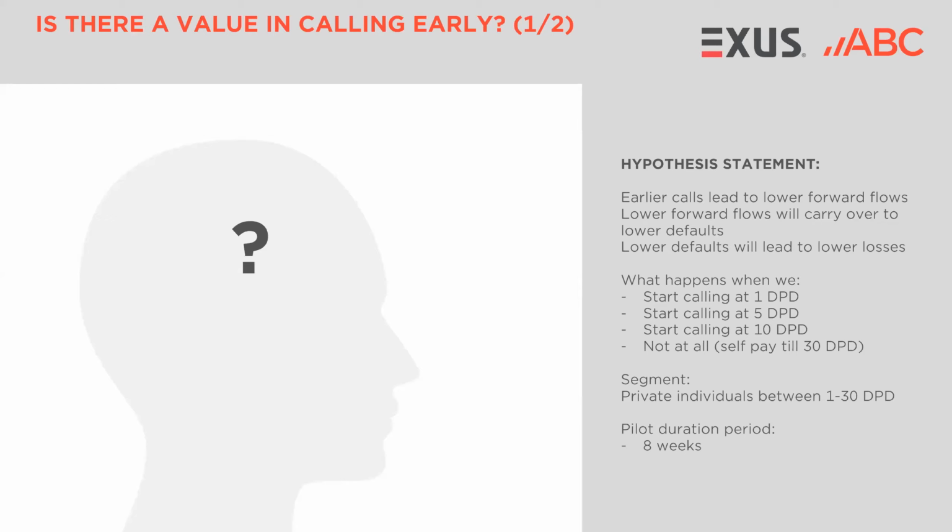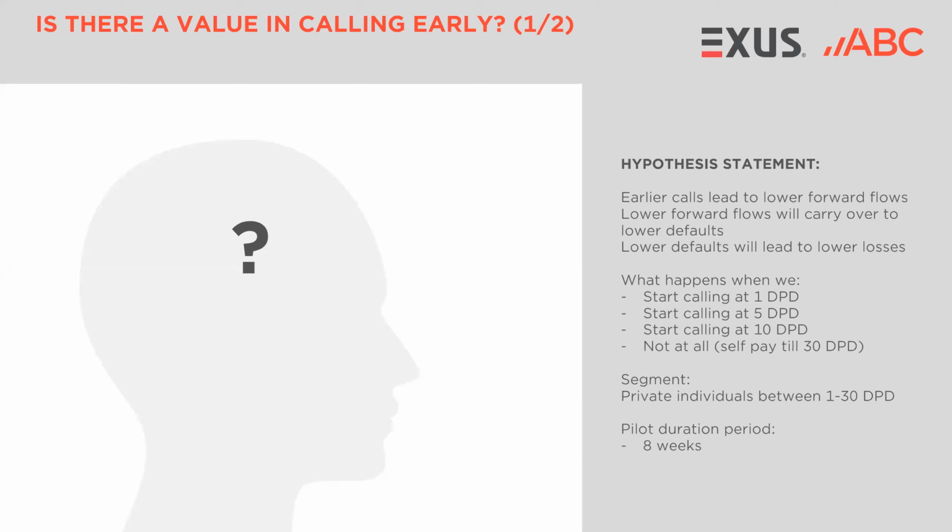One group we put to calling immediately. So on the first day of delinquency, we started telephone communication. Then the second group, we waited for 5 days, and then we put them for calling. And the third group, we waited for 10 days after the first delinquency, and then we started calling.